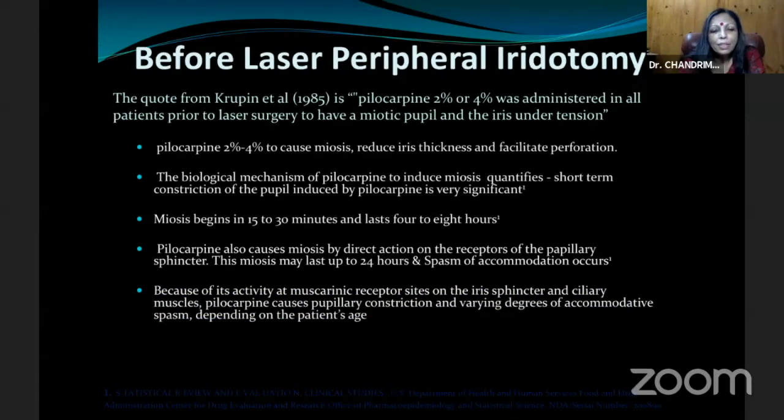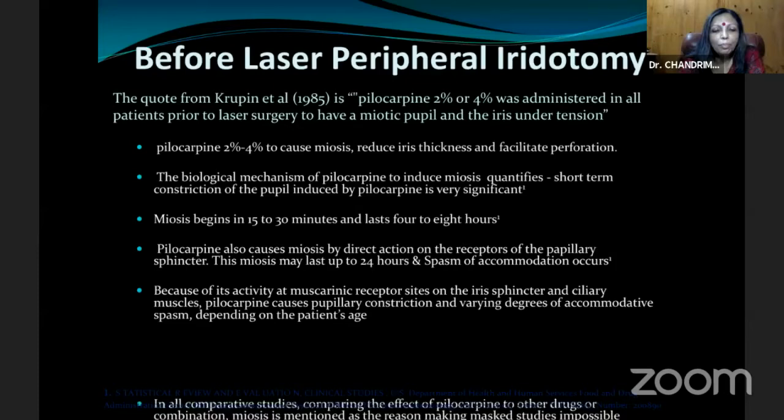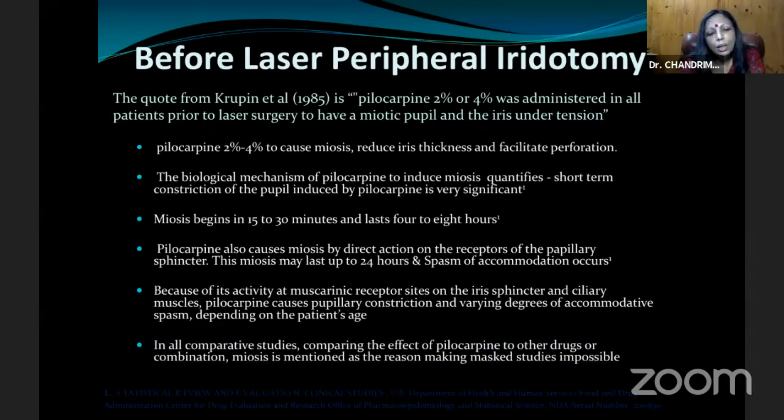Because of its activity at the muscarinic receptor sites on the iris sphincter and ciliary muscles, pilocarpine causes pupillary constriction and varying degrees of accommodative spasm depending on the patient's age. In all comparative studies comparing the effect of pilocarpine with other drugs or combinations, miosis is mentioned as the reason for masking being impossible.